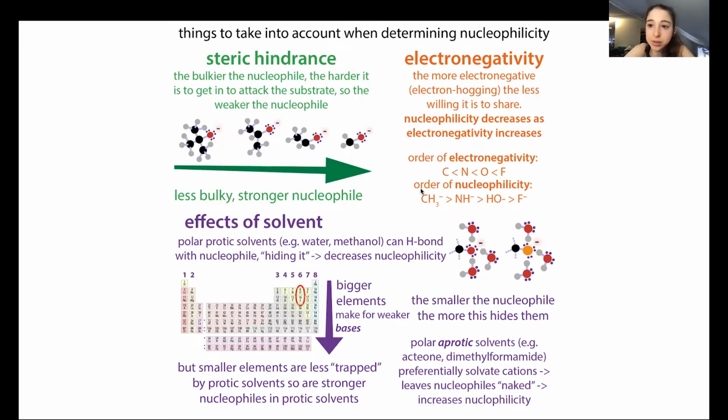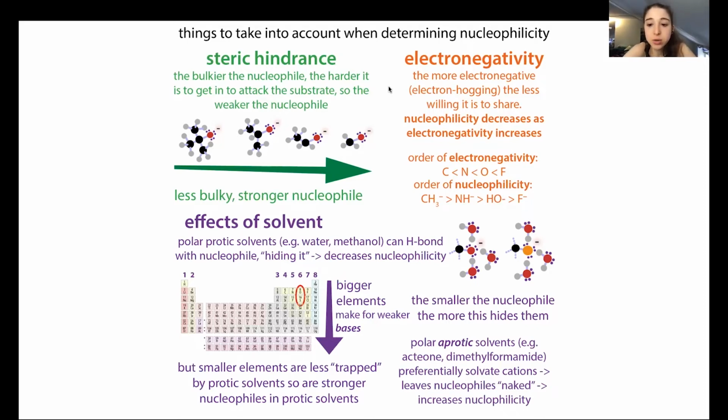That's going to be highly nucleophilic because the carbon is not electronegative. It doesn't want those electrons. But then as you go to nitrogen, NH2 minus, you're getting less nucleophilic because you're getting more electronegative with what it's attached to. And so like oxygen, and then the fluorine minus.